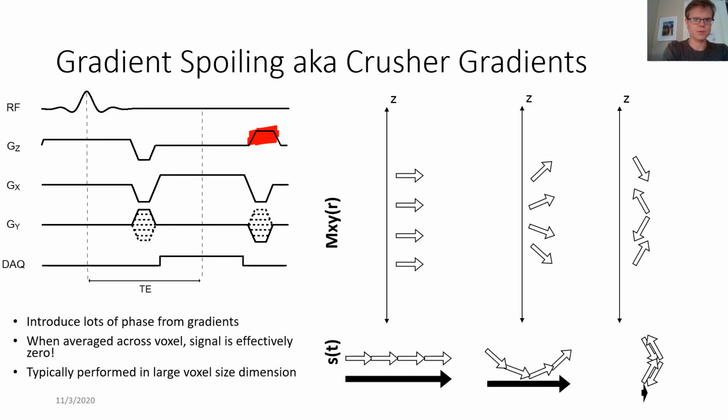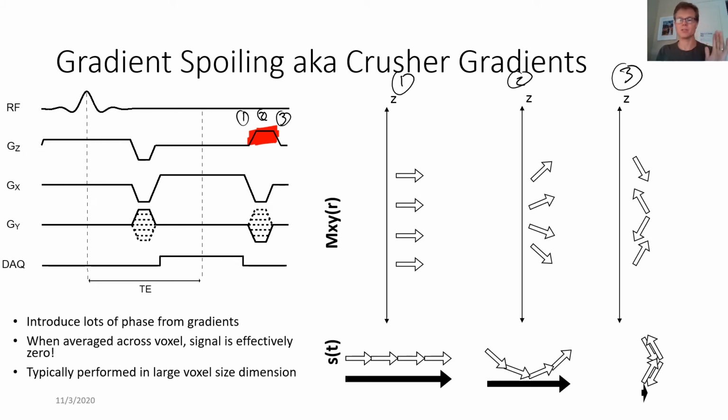So these three drawings are looking at time before, in the middle, and after this crusher gradient. And what this crusher gradient does is it takes our net magnetizations, which across our slice are in phase, so we did our slice select refocusing, and it actually purposefully creates a lot of phase.